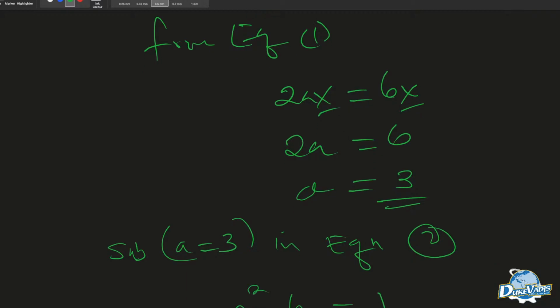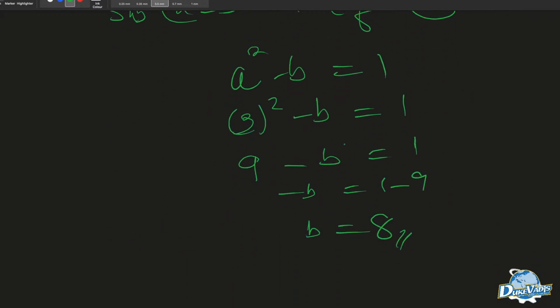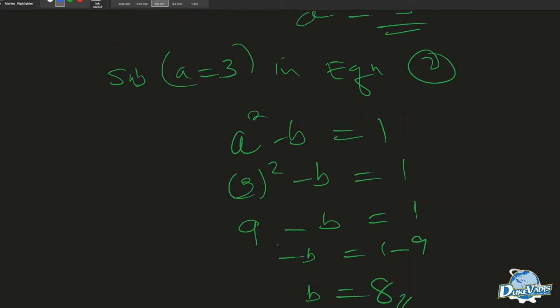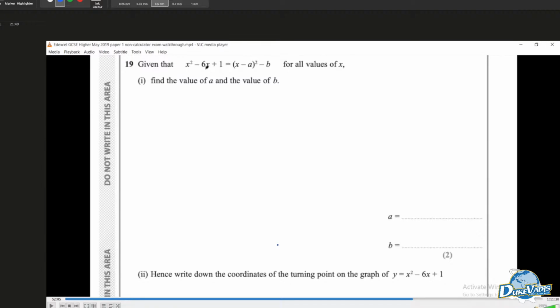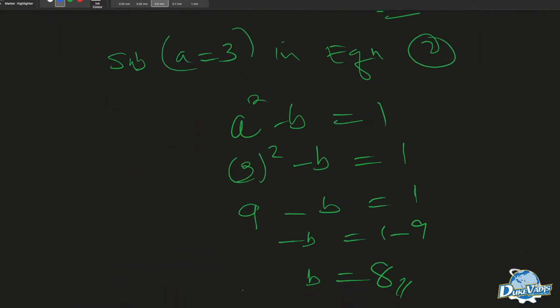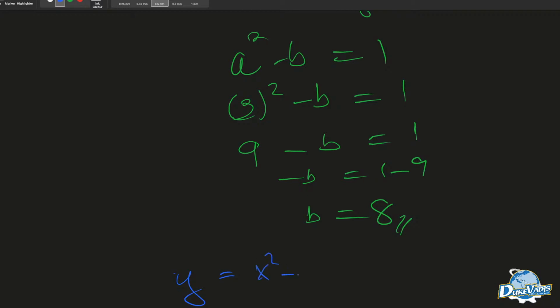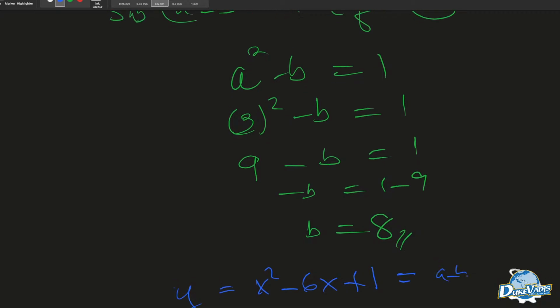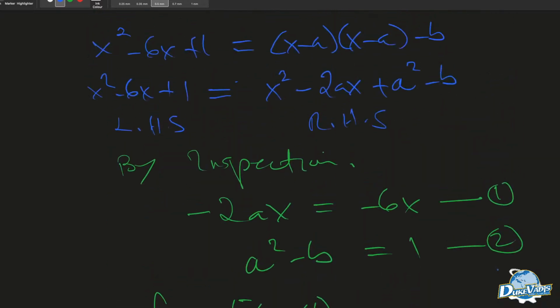We know that y equals x squared minus 6x plus 1 is equal to the equation given, x minus a, squared, minus b.